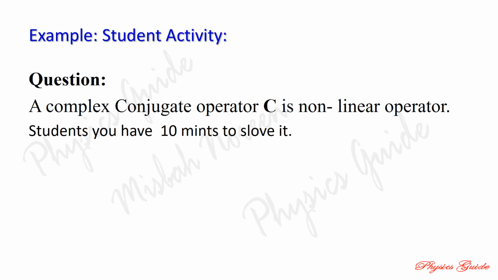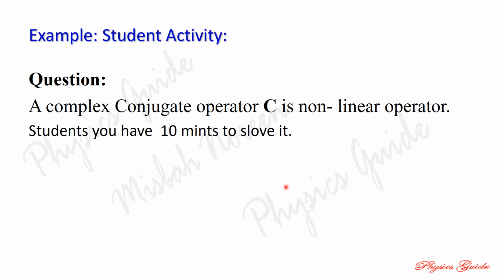Friends, so here is an activity for you. You have 10 minutes to solve this example. The question is to prove that the complex conjugate operator C is a non-linear operator. To prove that C is a non-linear operator, take both conditions of a linear operator, first and second. Simply we take any functions f and g and multiply with C, the complex conjugate operator.